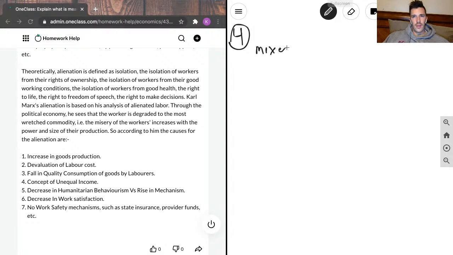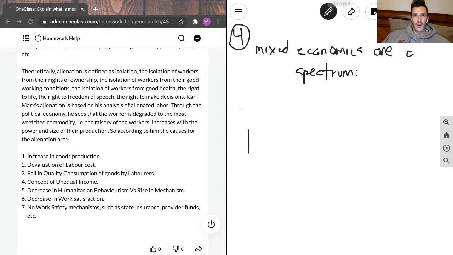Mixed economies are a spectrum. So on one end, we've got like socialism, everything government owned and operated.